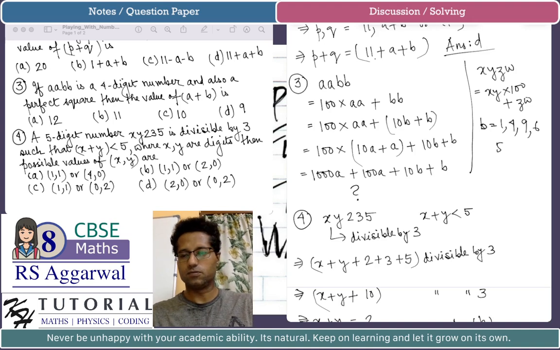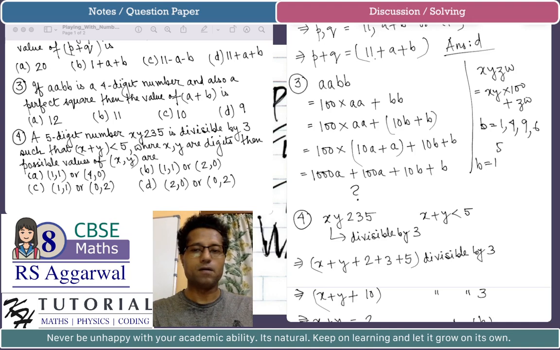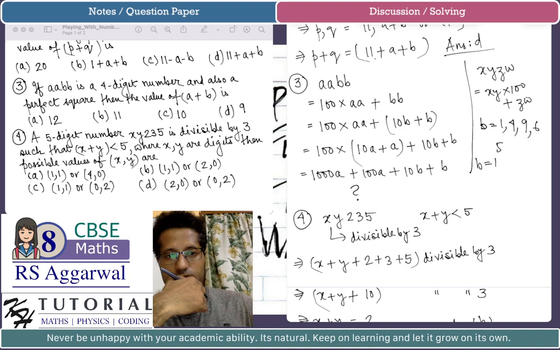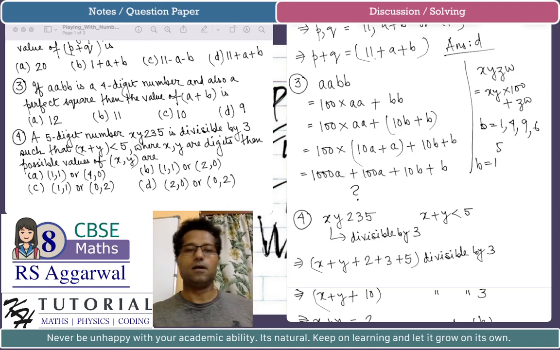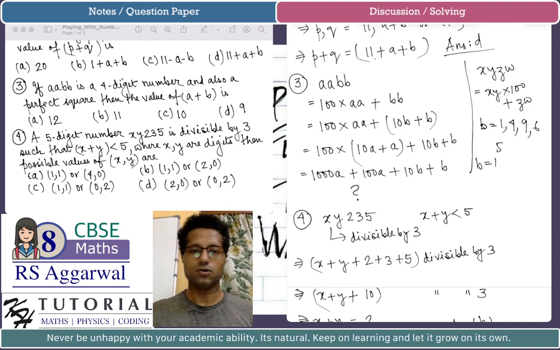If B is 1, so the possibilities of B are 1, 4, 9, 6, 5. Now if B is 1, let's check whether choice A can be a solution or not.